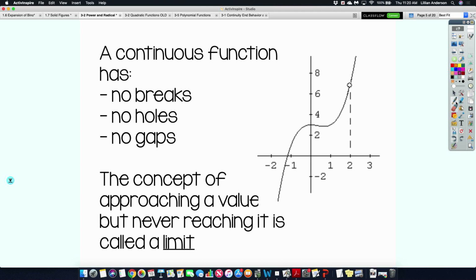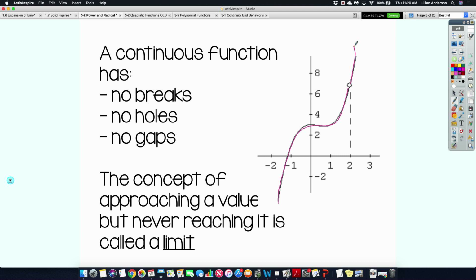Another good rule of thumb is that you can start on the graph, and if you don't have to pick up your pencil to continue the graph, then it is continuous. Okay? So if I wanted to trace along this graph, I have to pick up my pencil to avoid the hole to keep going. That means it's not continuous. I should be able to trace along it without having to pick it up. Okay?